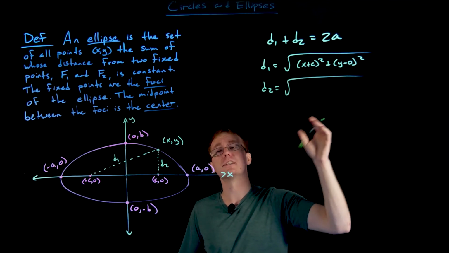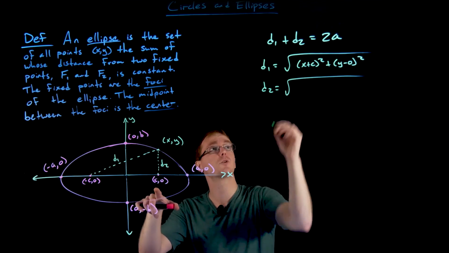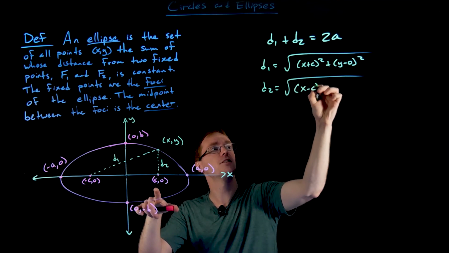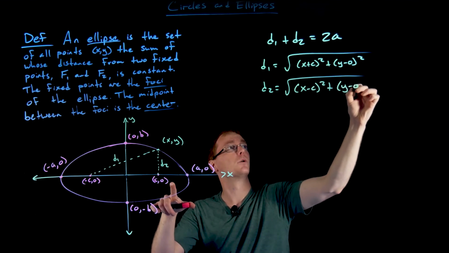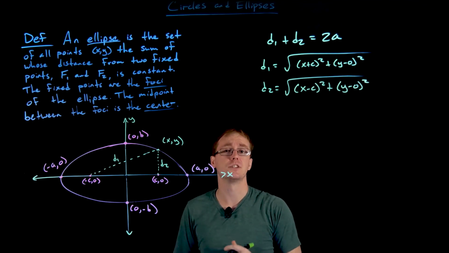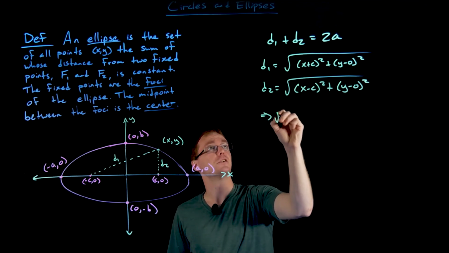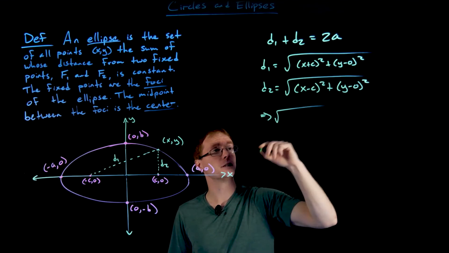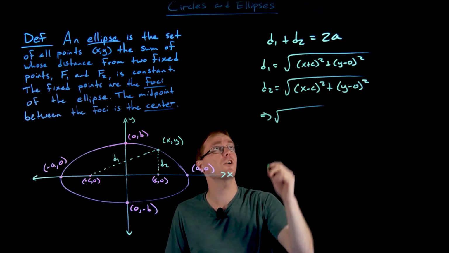And our expression for the distance d2 would look like, again, the difference between the x-coordinates squared would look like x minus c squared, and the difference between our y-coordinates squared would again look like y minus 0 squared. So then we can plug this expression for d1 into our equation that defines an ellipse, or that important relationship between points on our ellipse.